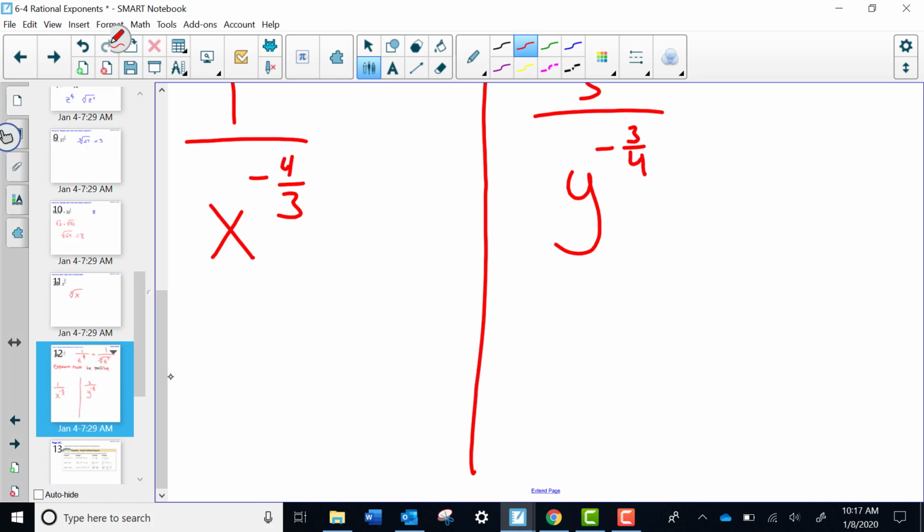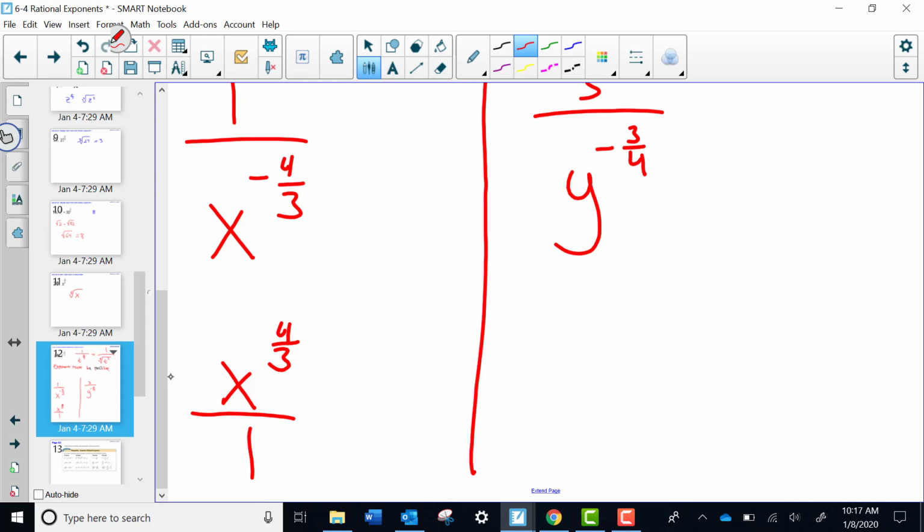So right now it's on the bottom. So you just write it up top. And now it's positive. It's just over 1. Now it's in the numerator. In the original example, it's in the denominator with a negative exponent. To make the exponent positive, it goes from the denominator to the numerator.